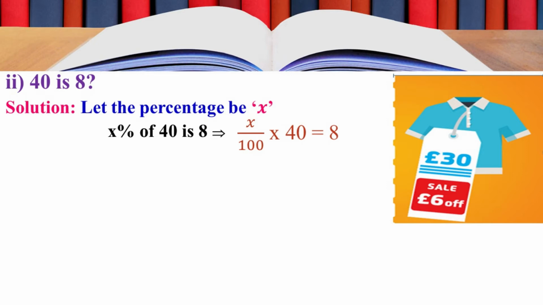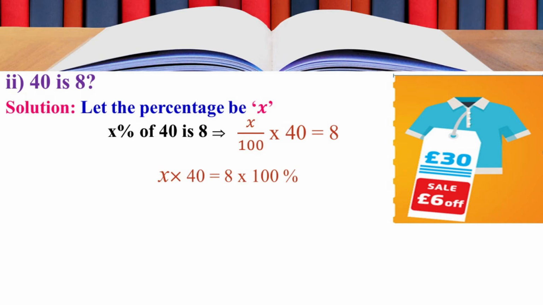Now what we have to do? We have to find the value for x. For that purpose, we take every value near x to the opposite side, and we can cancel the numbers using a common factor. So 100 is taken to the RHS side.